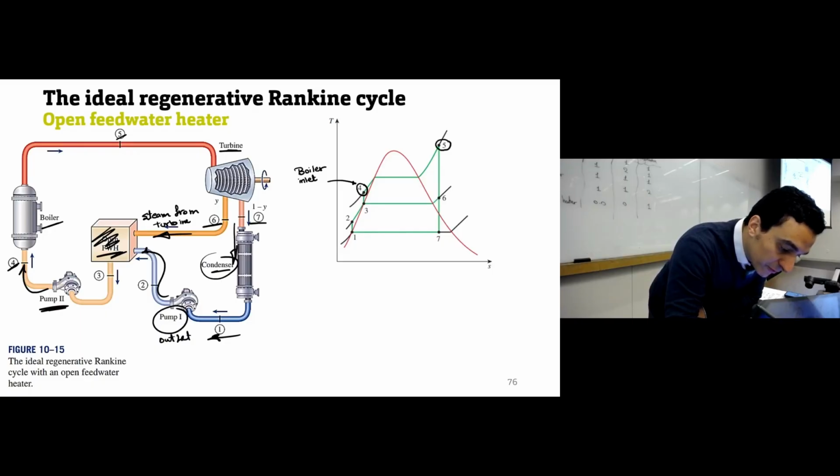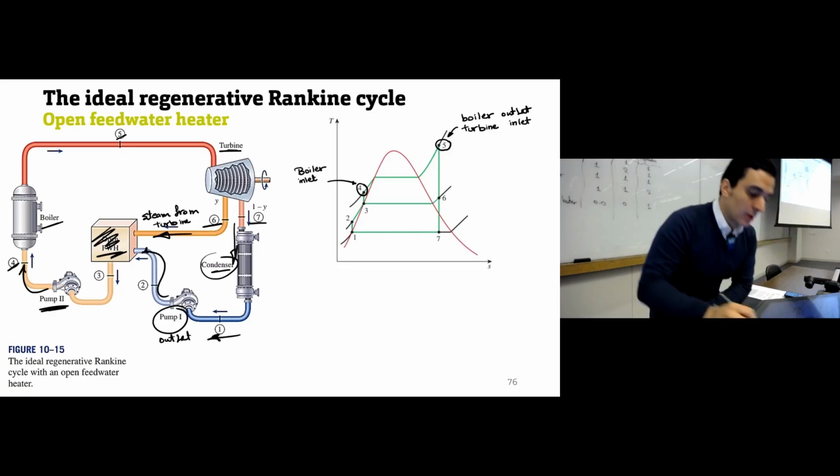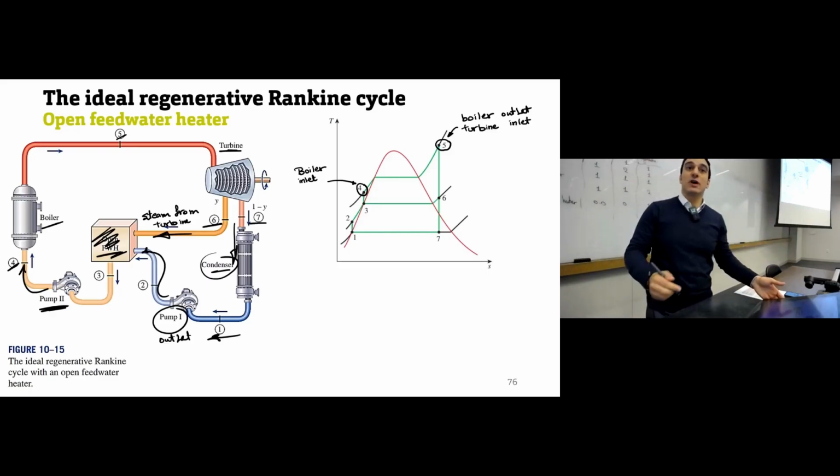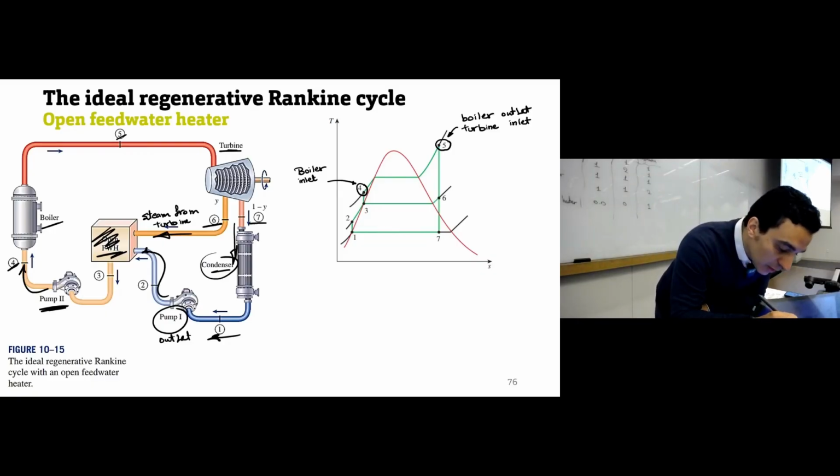So point number 5 is the boiler outlet, and at the same time, this is the turbine inlet. This path from point 4 to point 5 is isobaric, which means that the pressure at point 4 equals the pressure at point 5.